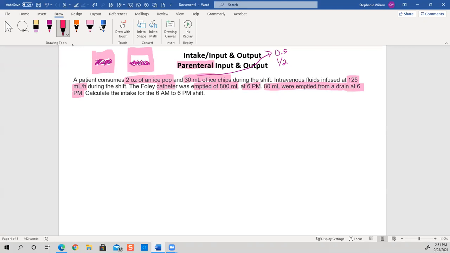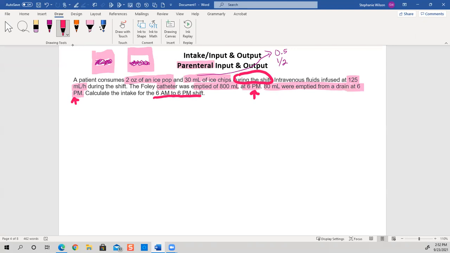So you have to be able to decipher it. In this case, the scenario is pretty straightforward because our shift is 6 a.m. to 6 p.m., and they emptied at 6 p.m. The drainage is at 6 p.m. And the rest is saying that it happened during the shift. So we know that all of this is going to be factors.